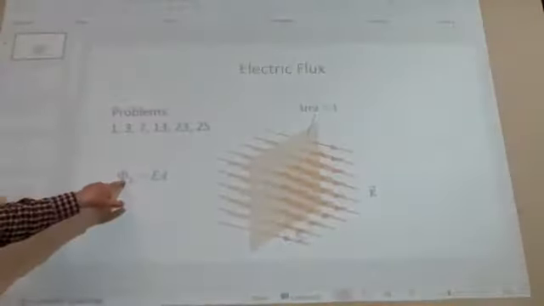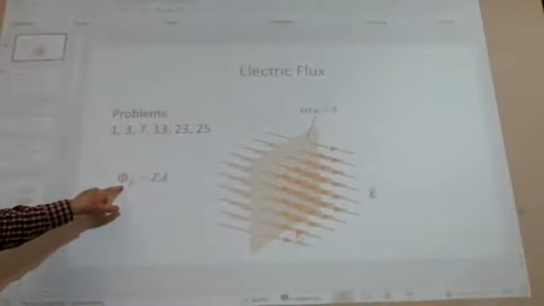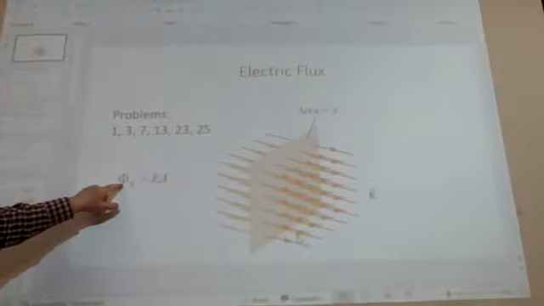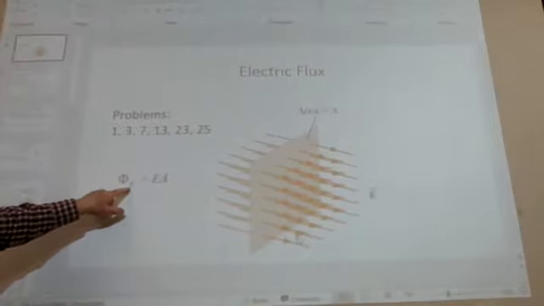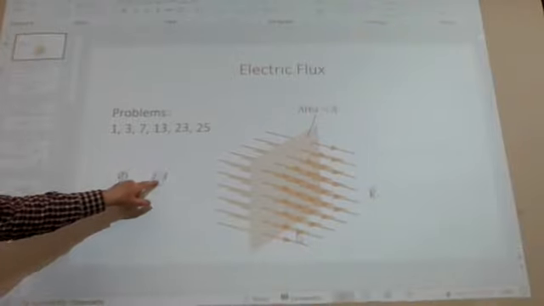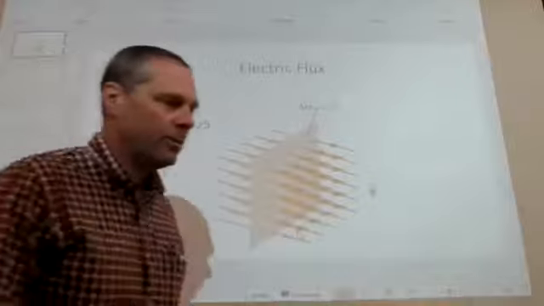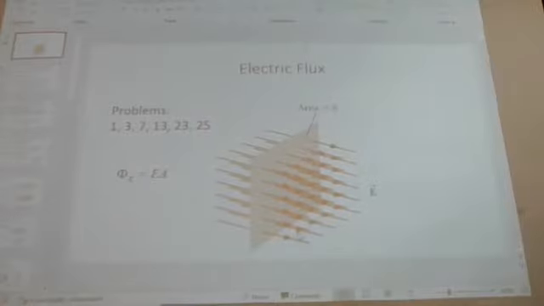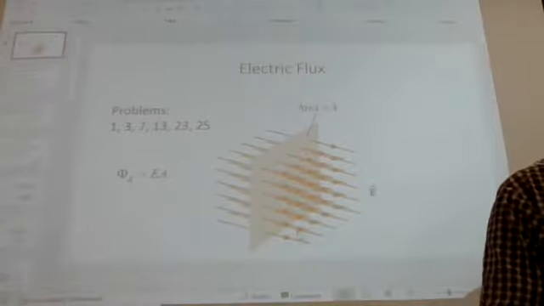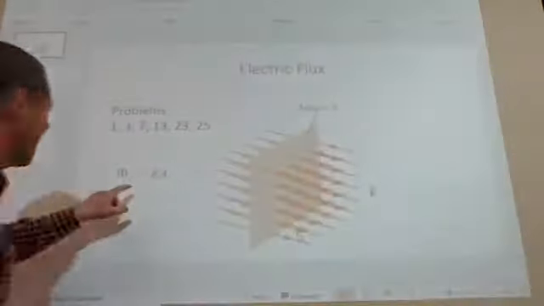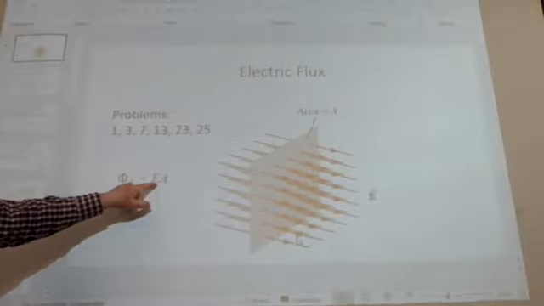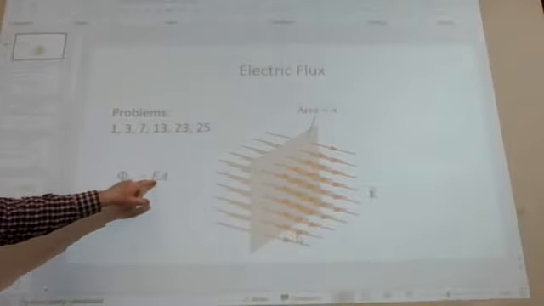And so the electric flux is phi, the Greek symbol phi, with subscript E for electric field, and it is equal to the electric field times the cross-sectional area that we are determining. Now, we know the electric field is going to be a vector.